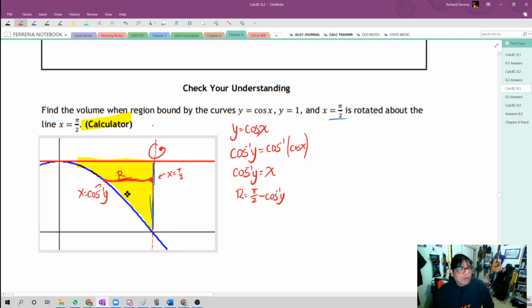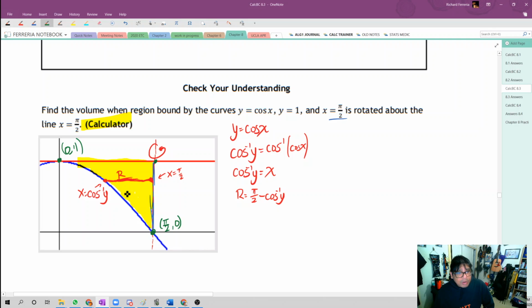I forgot step 1. We were supposed to figure out the corners first. So let's figure out those corners. Over here, this is 0, 1. That's pretty easy to know. This one over here is pi over 2, and the cosine of pi over 2 is 0.